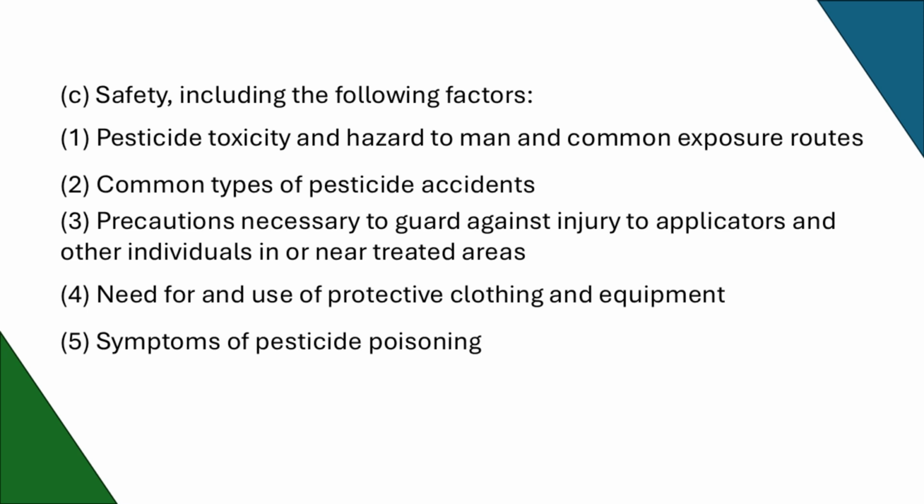Pesticide toxicity and hazard to man and common exposure routes. 2. Common types of pesticide accidents. 3. Precautions necessary to guard against injury to applicators and other individuals in or near treated areas. 4. Need for and use of protective clothing and equipment. 5. Symptoms of pesticide poisoning.